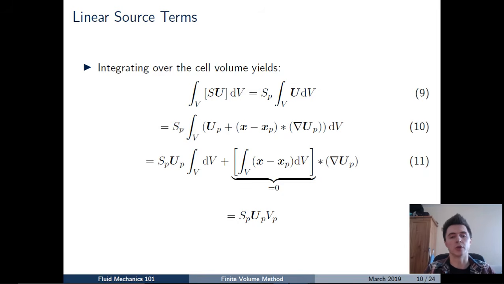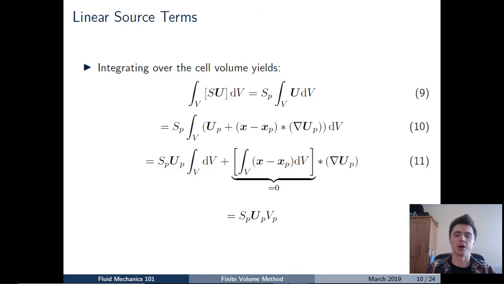And now moving to equation 11, we're going to split those two parts to give us two integrals. The first part is going to be SP multiplied by the velocity at the cell centroid. Up is a constant, and so we can bring it outside the integral.